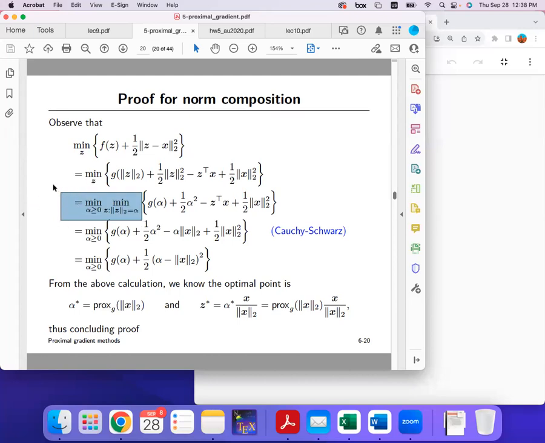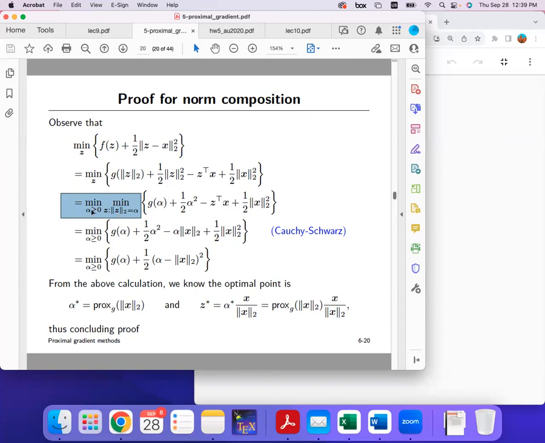These two are equivalent because in the first line, the minimization over z is unconstrained. We are considering all possible z's. In the next line, there are two constraints here. The first one is that we are looking at all the z's such that their L2 norm equals alpha.